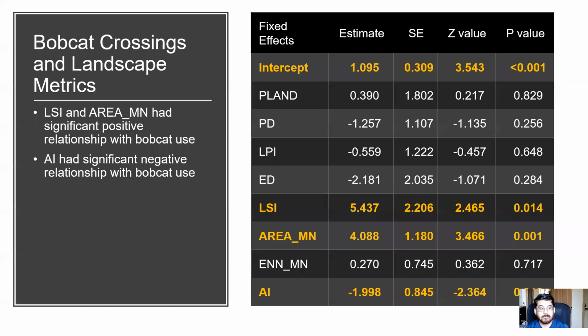Moving on to our bobcat crossings and landscape metrics. We found that bobcat crossing use was positively associated with mean patch area and landscape shape index, and negatively associated with aggregation index. So, which is different than what differed at wildlife crossings from random sites.